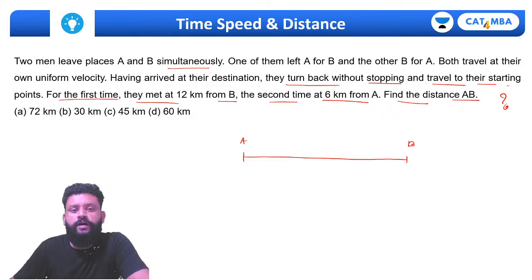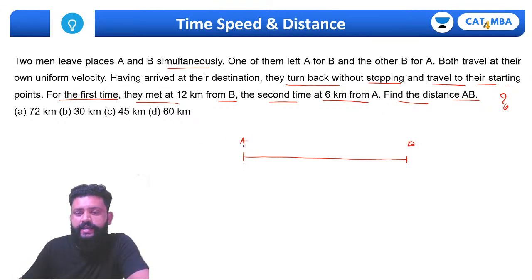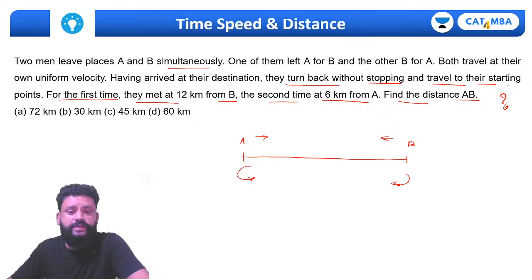Two men leave the places A and B. One of them left A to B, A से B गया और दूसरा B to A गया. Both travel at their own uniform velocity and having arrived at the destination, they turn back without stopping. तो A B पे पहुंचा और यहाँ से यू टर्न लेगा, एंड B जो है वो A पे पहुंचेगा, तब से यू टर्न लेगा. एंड हमें दो चीजें पता है.